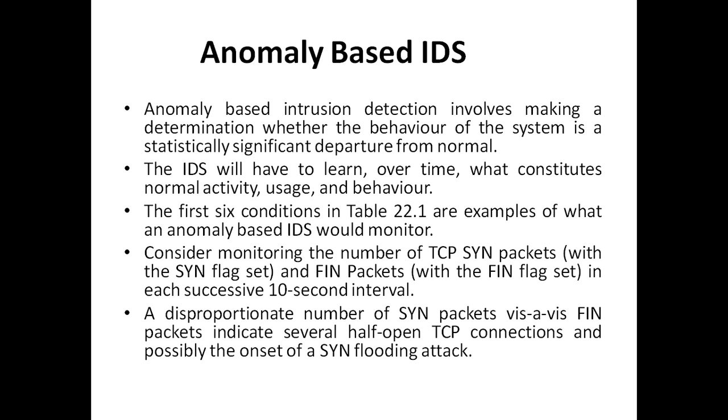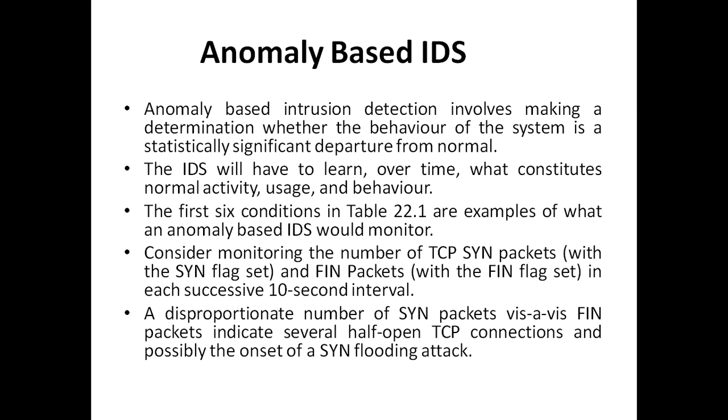So the first one is anomaly based IDS. Anomaly based intrusion detection involves making a determination whether the behavior of a system is a statistically significant departure from normal. So here in this anomaly based intrusion detection system, we have to monitor the behavior of the system against the normal one.